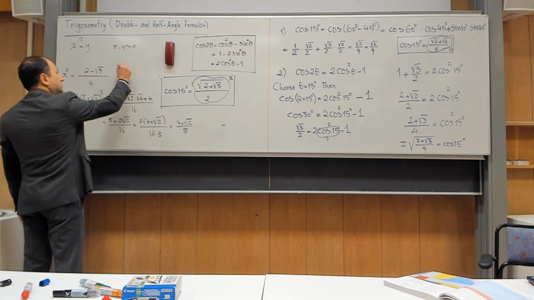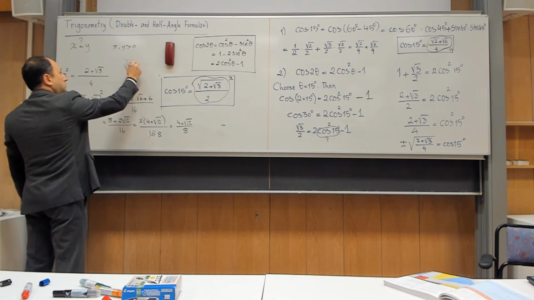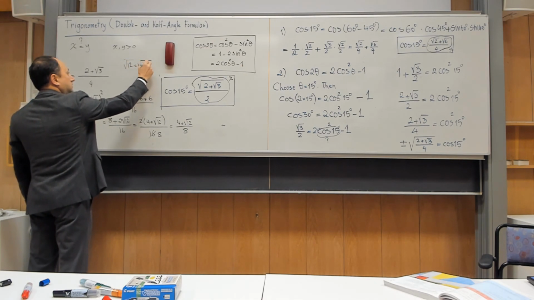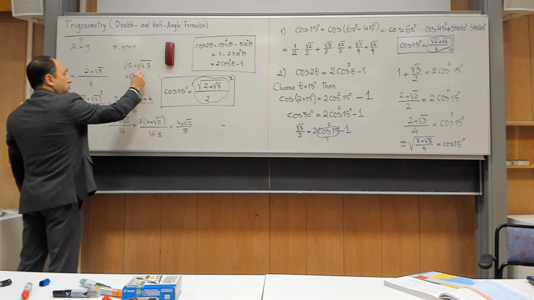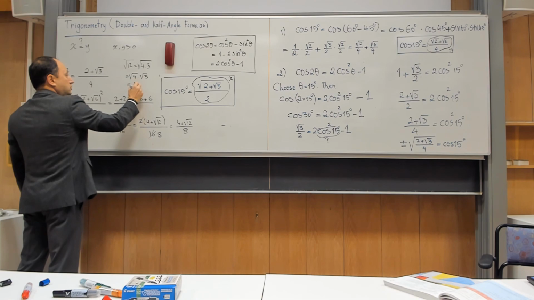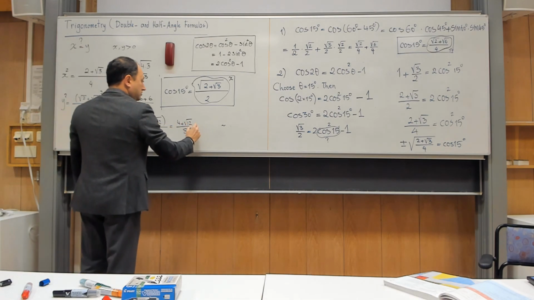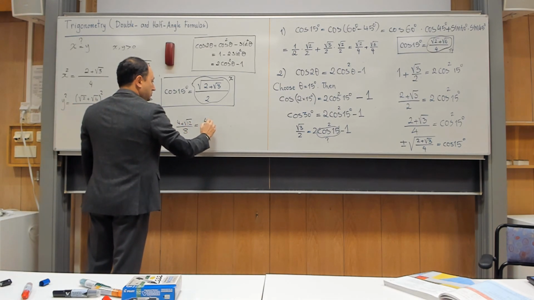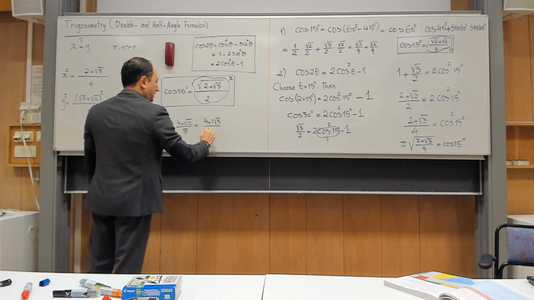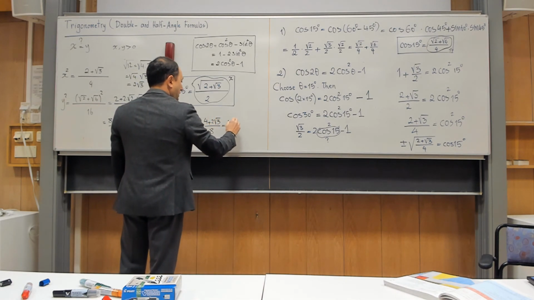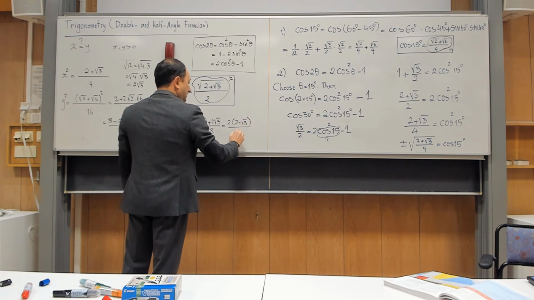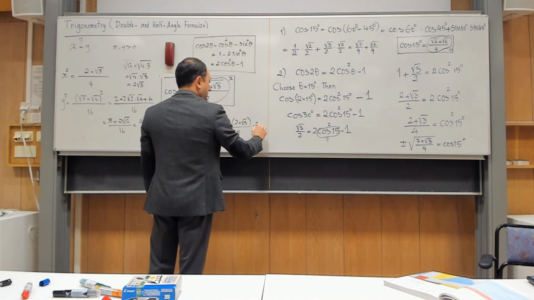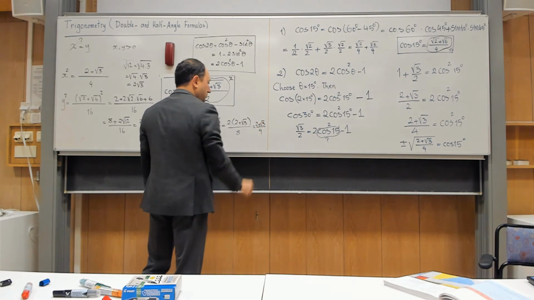Square root of 12 can be visualized in this way. And then this becomes square root of 4 times square root of 3, which becomes 2 square root of 3. So then I continue and I will write 4 plus 2 square root of 3 divided by 8. And then I take the 2 out, so it becomes 2 plus square root of 3 divided by 8. Then it becomes 2 plus square root of 3 divided by 4.